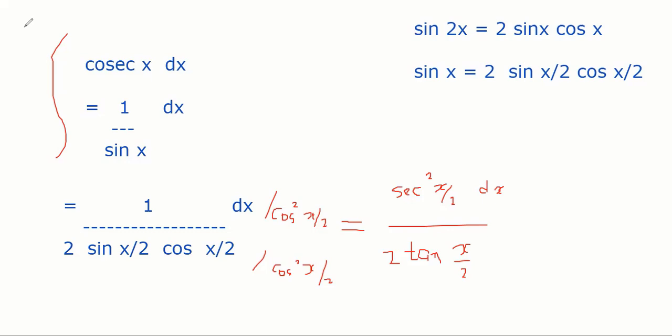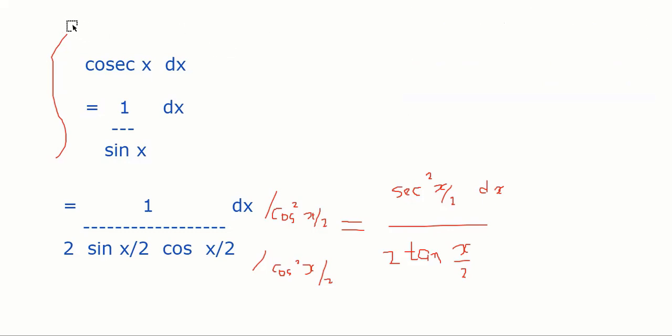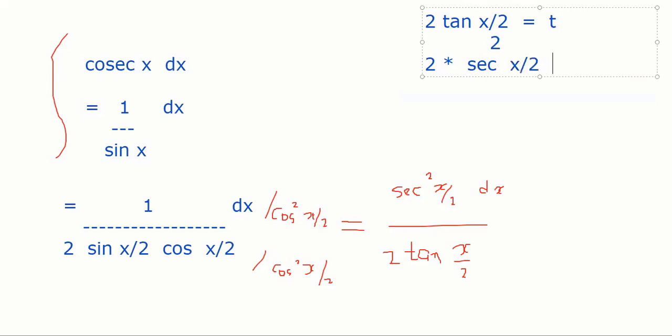अब solve करना है इसको, तो I can do directly also, but I will write the step. अब if I assume, let assume 2 tan x by 2 equal to t मान ले, differentiate करो तो 2 tan x by 2 का क्या होगा? Differentiation secant square x by 2 into half, right? dx.